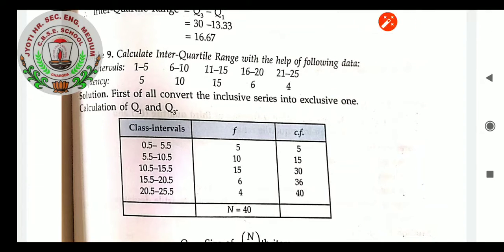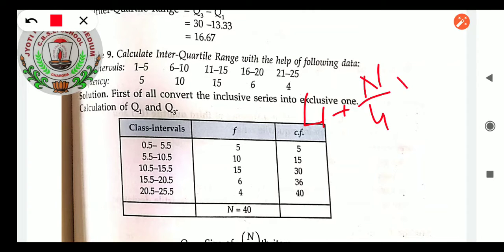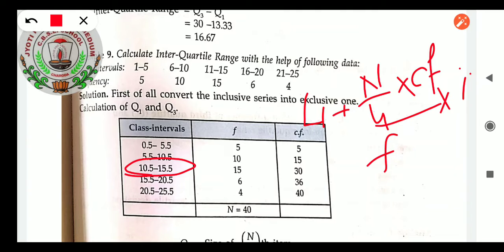So the next formula we will take is L1 plus 3n by 4th minus CF upon F into I. What is there? I difference 5, class interval 10.5, frequency 15, CF 15. Let us substitute Q3.